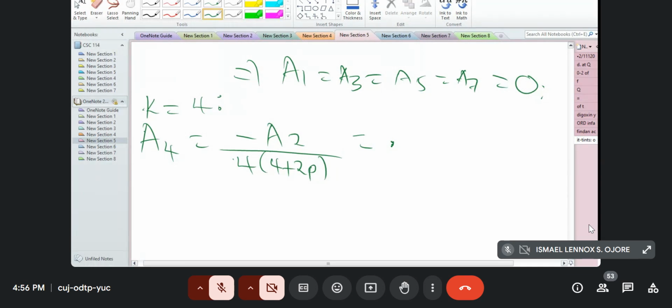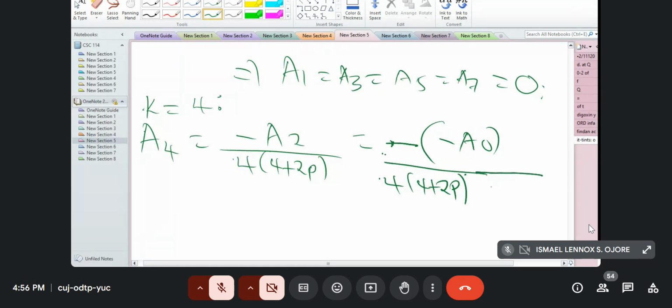So A4 is minus A2, and A2 is minus A naught over 2 squared into 1 plus p, or p plus 1, whichever.